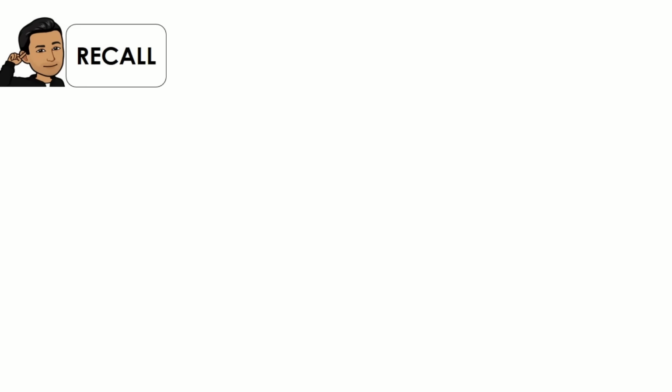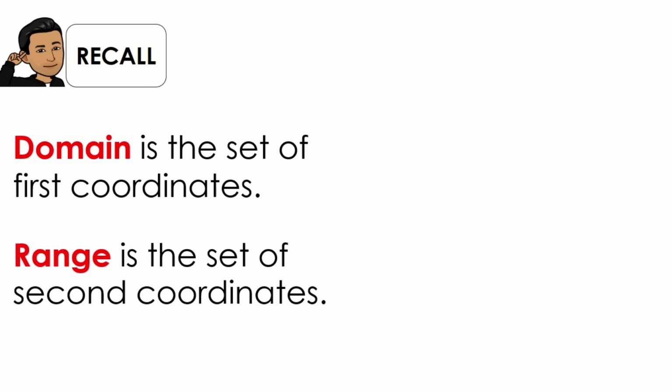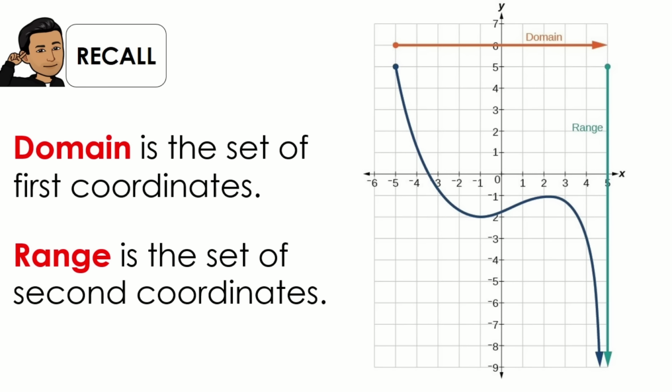So, recall muna tayo. What is the domain? It's the set of first coordinates. Range is the set of second coordinates. So, yung first coordinates, that is the x values. Sa graph, ito yan.